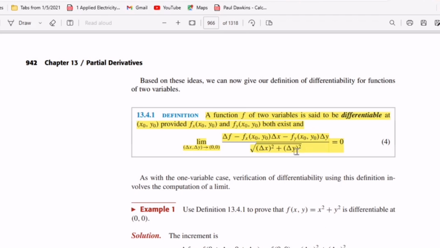So this is the rule. When a point is given to you and they're asking to check whether it is differentiable, at the end you should get 0. We are going to take an example.